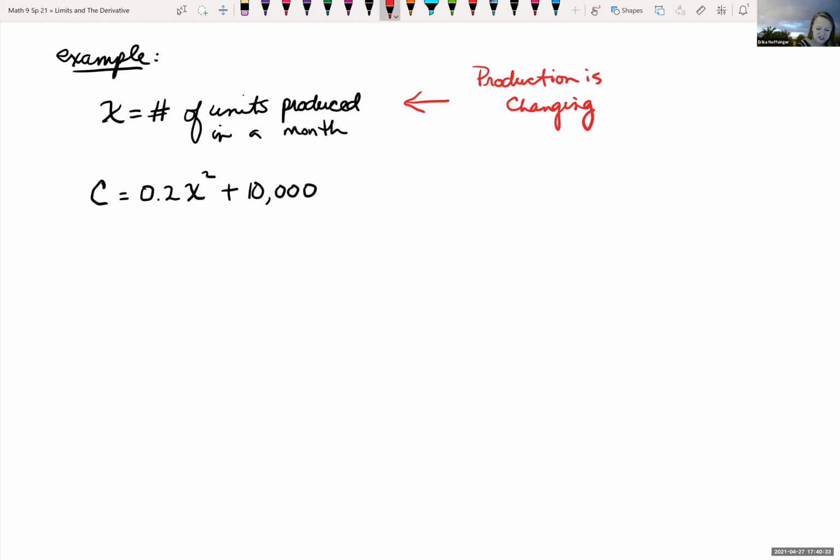So production is changing at a rate of 12 units per month. So to me, that's telling me that dx/dt, that rate of change, dx with respect to time, is equal to 12.